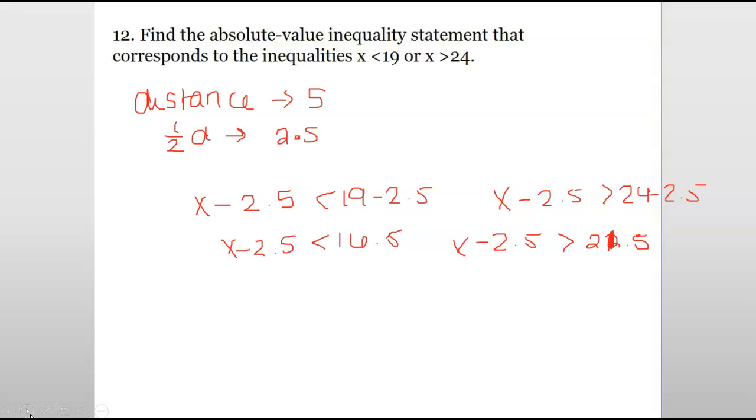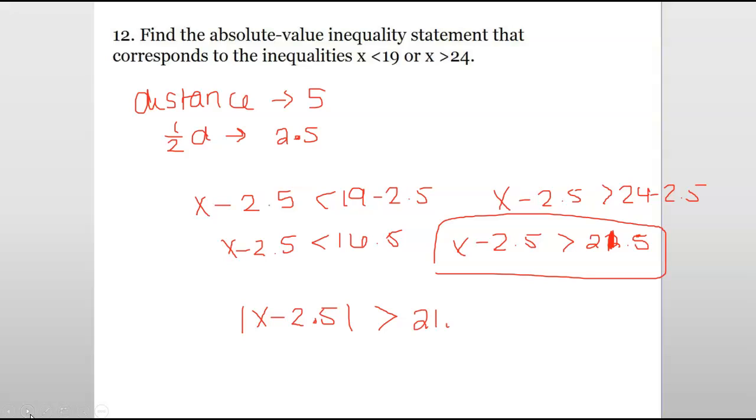Since this is an "or", it is greater. So you're going to pick this side and say that the absolute value of x minus 2.5 is greater than 21.5.